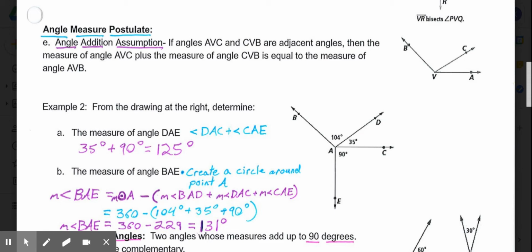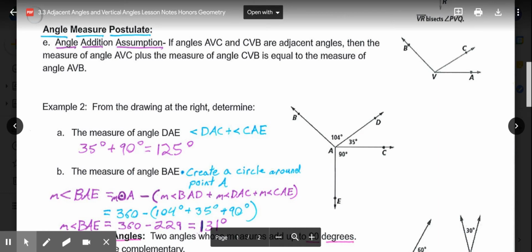Now we're looking at just part E. Part E of the postulate is the angle addition assumption that says if the angles AVC and CVB are adjacent angles, then the measure of AVC plus the measure of CVB is equal to the measure of the larger angle AVB. So CVB plus CVA added together equals AVB, or angle BVA.